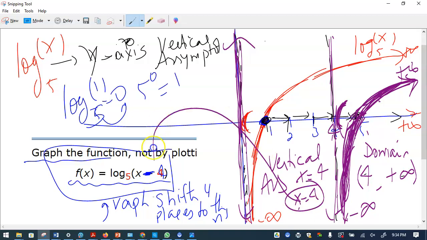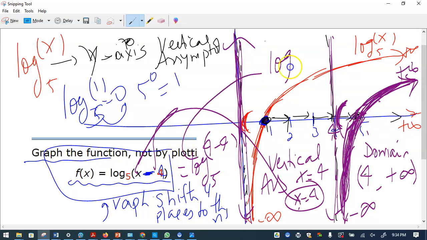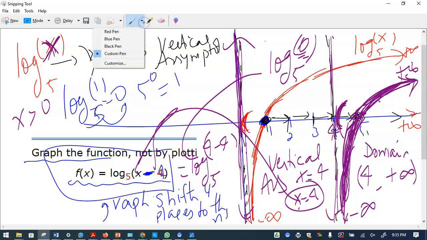If you plug in 4 here, this will be logarithm of 4 minus 4, which is logarithm of 0. So you can't have input as 0, because log is defined only for x greater than 0. So I hope I made sense and that it's clear.